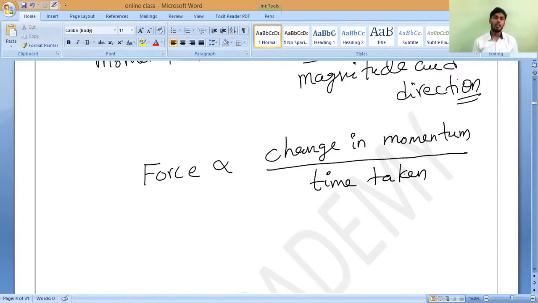So this is what Newton's second law says, with respect to time. All of you should remember that. So the rate of change of momentum is directly proportional to, this symbol indicates directly proportional to, the force applied on a body. So this is what you have to study. Force applied is proportional to change in momentum divided by time taken.